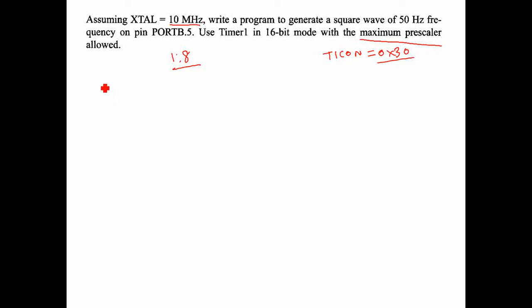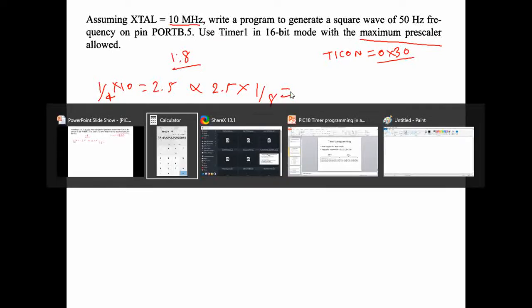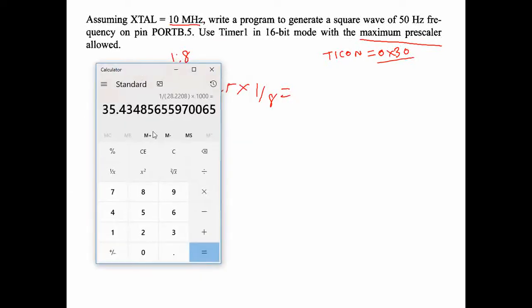To calculate that, first we have to calculate the time taken to execute each instruction. 1 divided by 10 divided by 4 gives 2.5, and 2.5 times the maximum prescaler allowed, 1 divided by 8, gives 0.3125 in the calculator.